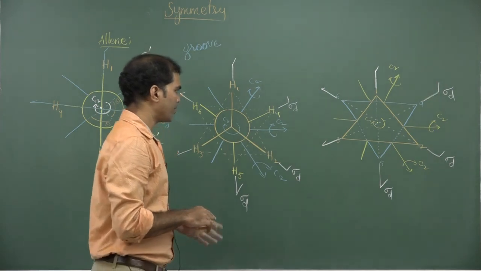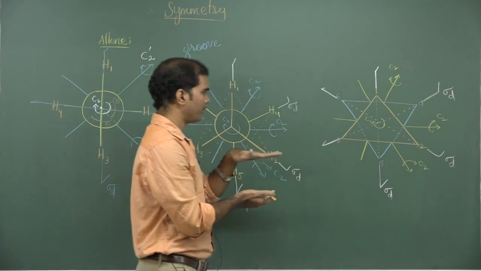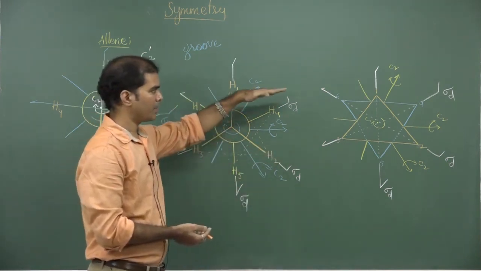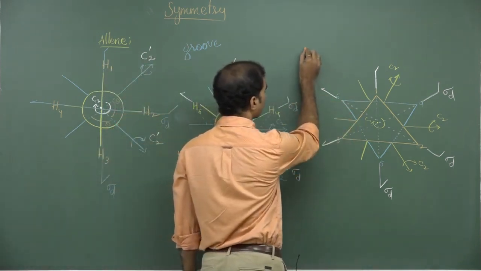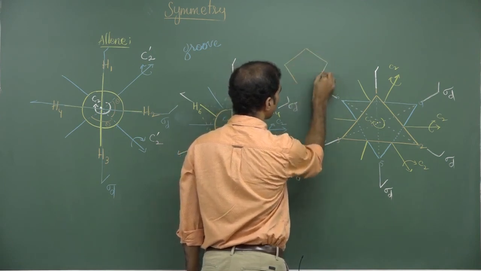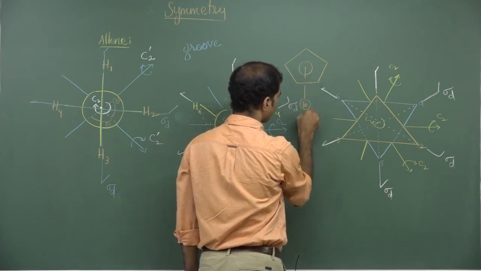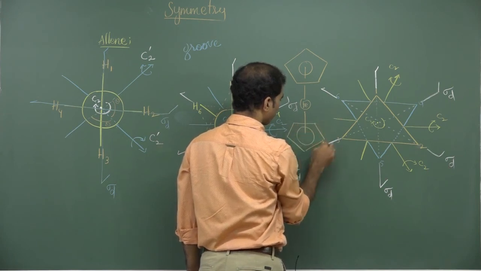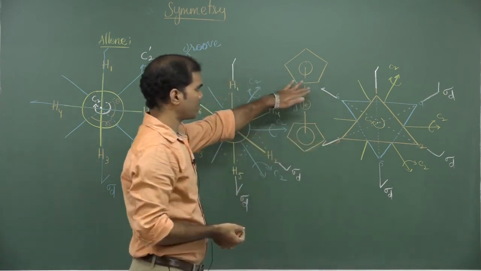And how do you represent ferrocene, chromocene? Because the metal is sandwiched between them, you have to go in this kind of representation. You just cannot go in the other way. Suppose I say ferrocene, this is how we represent a staggered one.